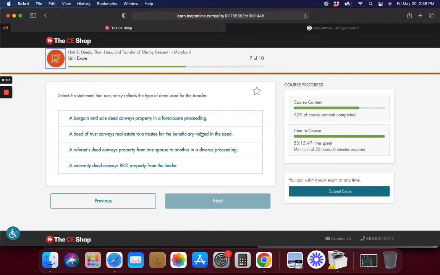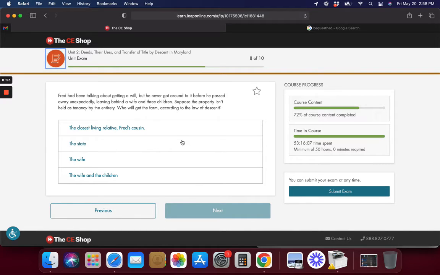Select the statement that accurately reflects the type of deed for transfer. A deed of trust.